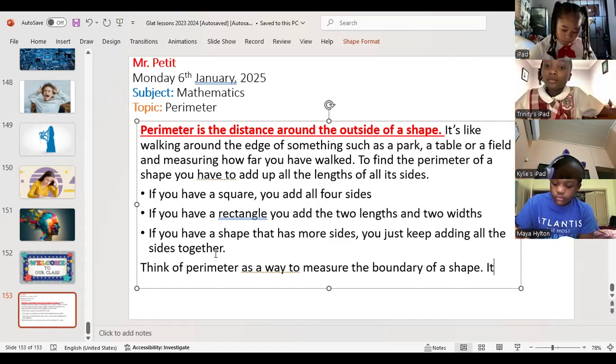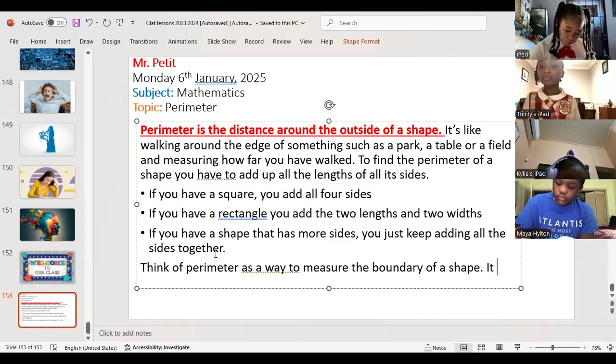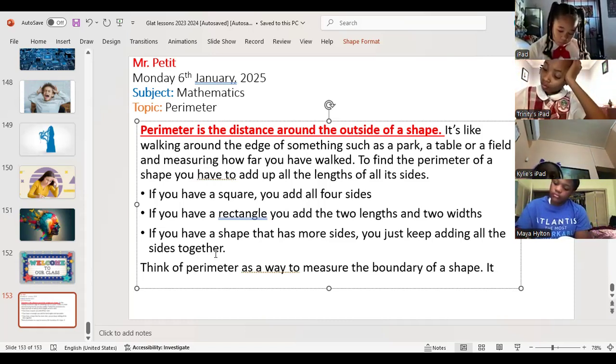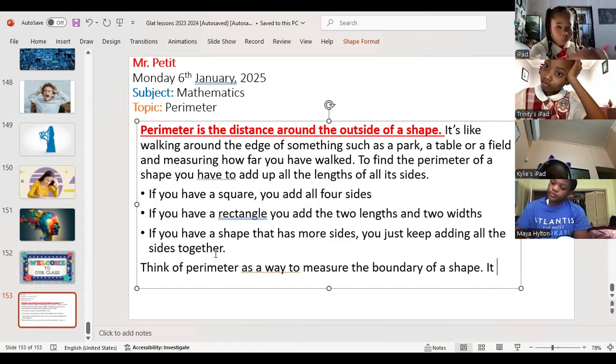So why is perimeter useful? Like I say, if you're trying to figure out the length that we must put a fence around a property, or if you want to figure out how much border we need to put on a poster, then we are basically trying to find the perimeter.